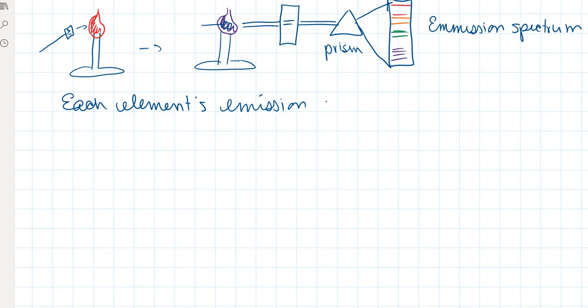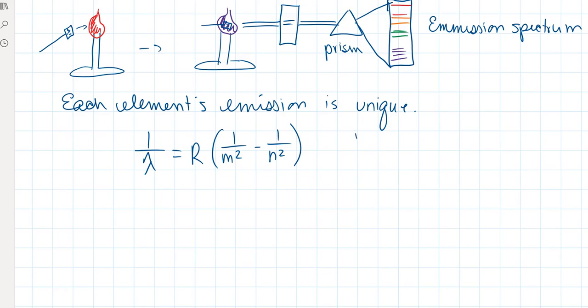He said that each element's emission is unique, and that the wavelength of light that comes off is equal to some constant times 1 over m squared minus 1 over n squared. This was called the Rydberg Equation.